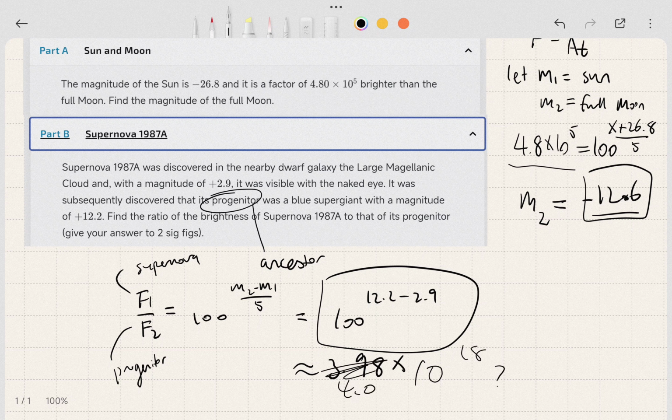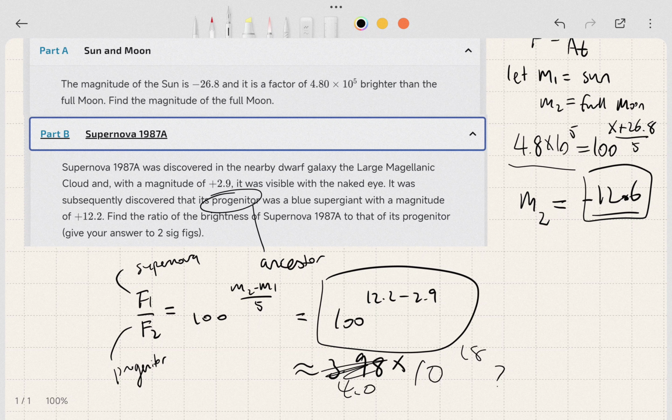Let's check the answer. It says two significant figures, so 4.0 times 10 to the power of 18. It says my question attempt failed due to internet issues. Let's refresh things again.